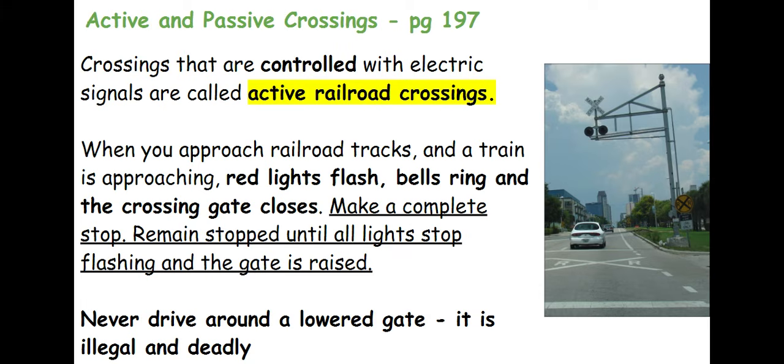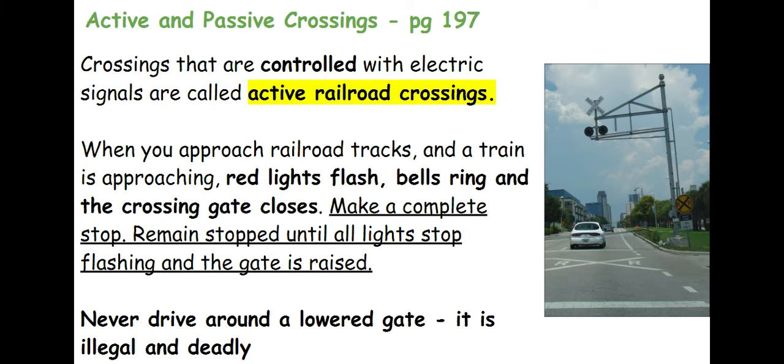So we always must make a complete stop and remain stopped until all lights and all actions of that crossing cease. It means that the lights stop, they're no longer flashing, and the gate is raised.